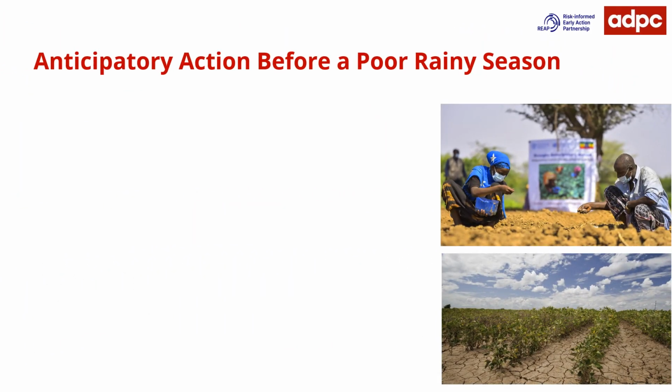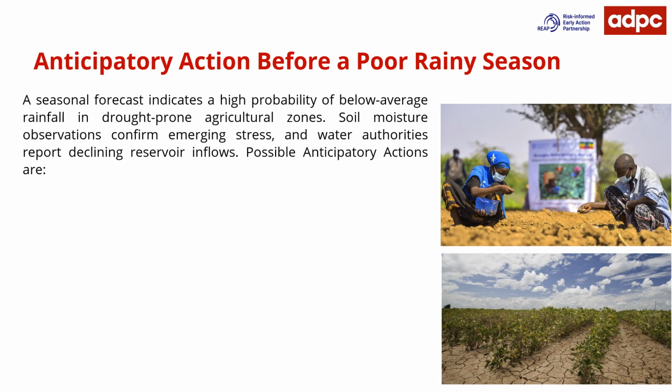Let's walk through a worked example. A seasonal forecast indicates a high probability of below-average rainfall in drought-prone agricultural zones. Soil moisture observations confirm emerging stress, and water authorities report declining reservoir inflows.